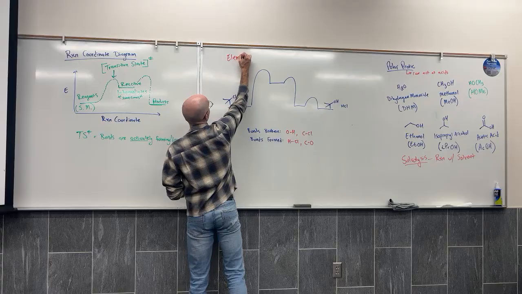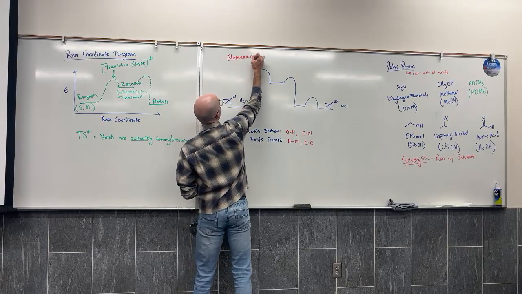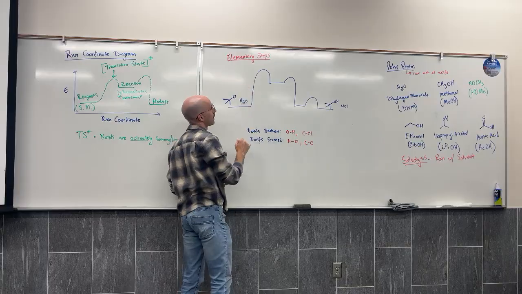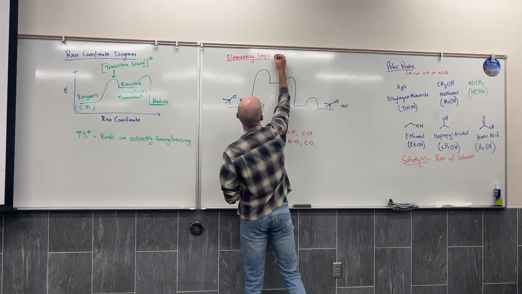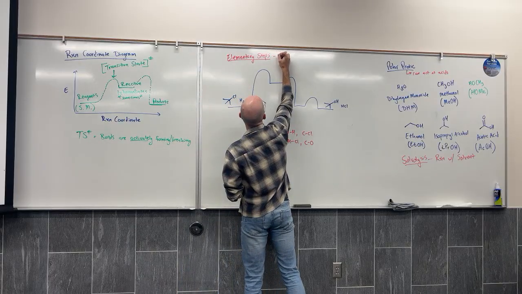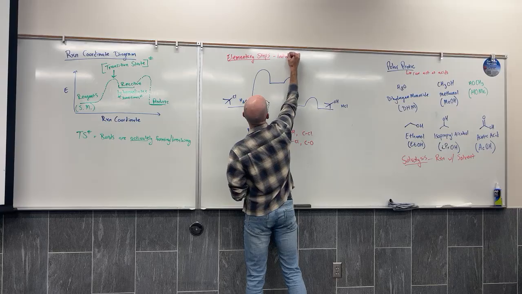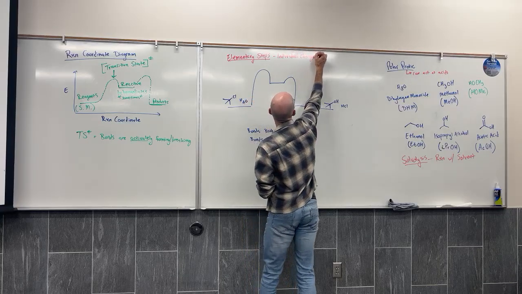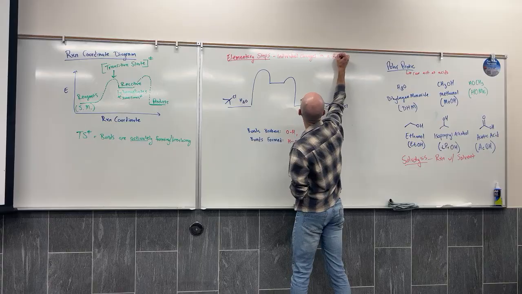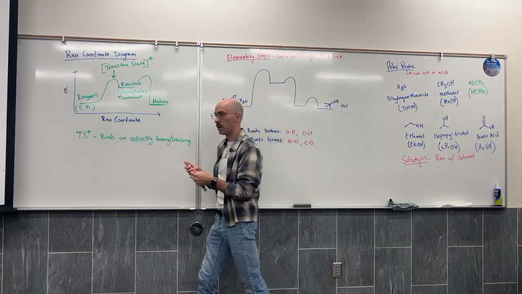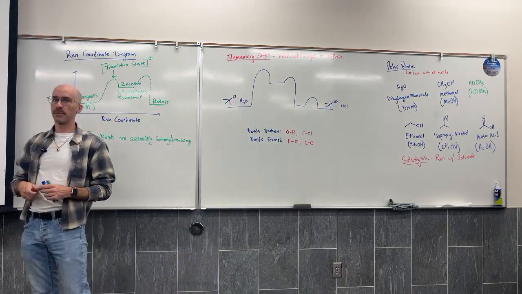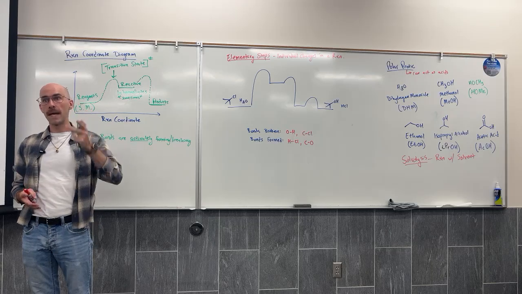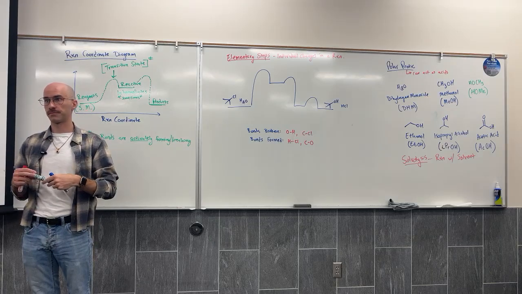We call these elementary steps, the smallest change during a chemical reaction. Individual changes in a reaction. Some reactions only have 1 elementary step. Other reactions have many elementary steps.